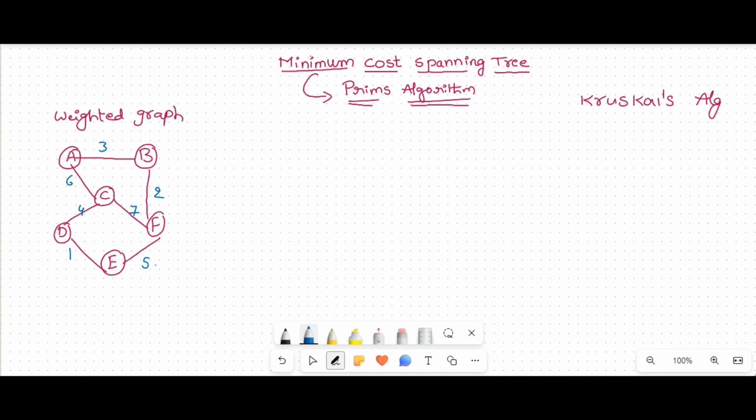For this, we have to represent a weights table. What are the columns present in this table? First, the vertices present in the graph, then whether that vertex is visited or not, and then the weight or cost of that edge.